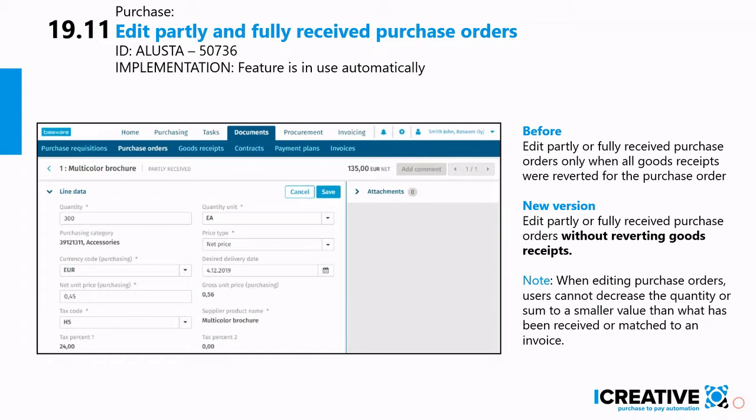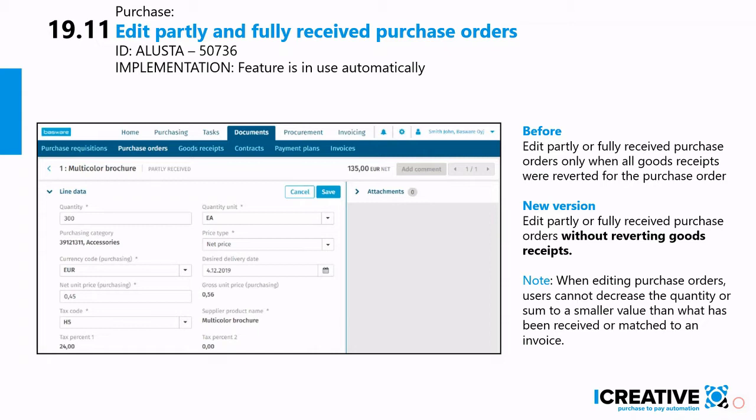All right, let me start with the first one: edit partly and fully received purchase orders. Before this feature, you could only edit partly or fully received purchase orders when all the goods received were reverted to the purchase order. So you really had to cancel the goods received, set it back to 0, and restart again before you could edit the order.